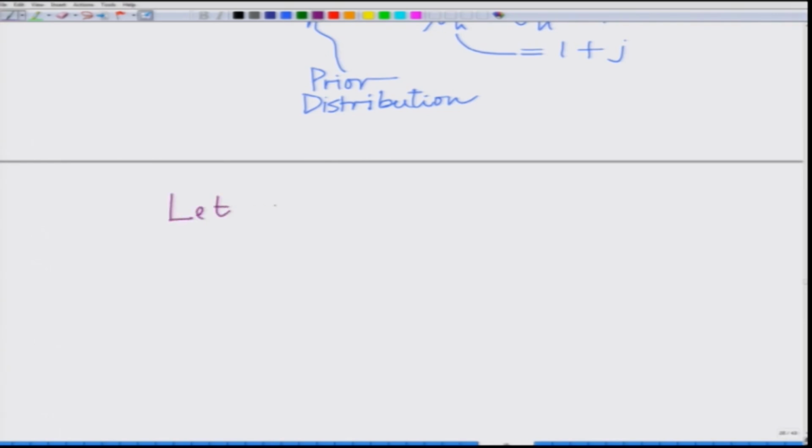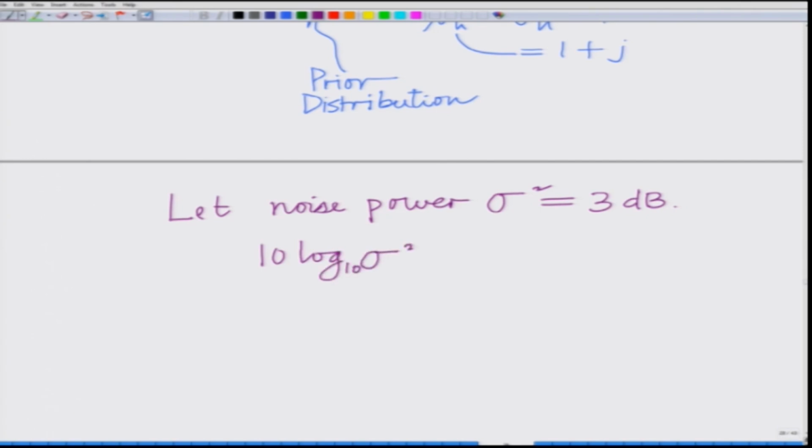Let the noise power sigma square be equal to 3 dB, that implies 10 log 10 sigma square equals 3, which implies sigma square equal to 10 power 0.3, approximately equal to 2. The noise power sigma square is approximately equal to 2.